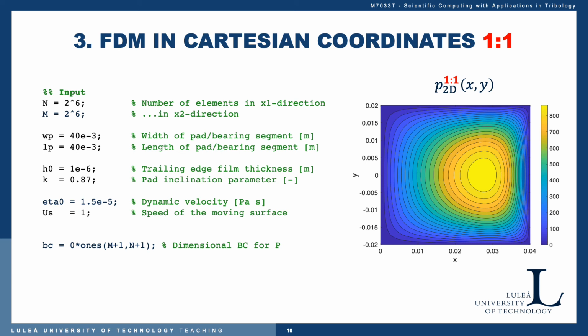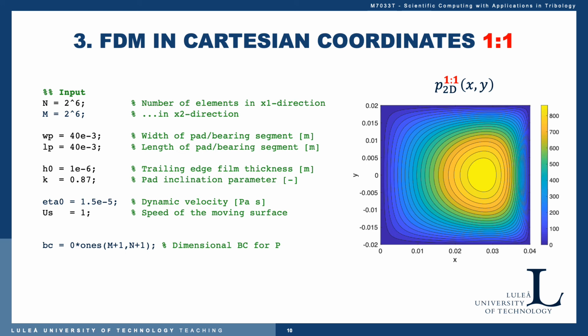We have a minimum film thickness of 1 micrometer. So for the collar to ride on a 1 micrometer film, in this case, we must generate this pressure distribution within that bearing.